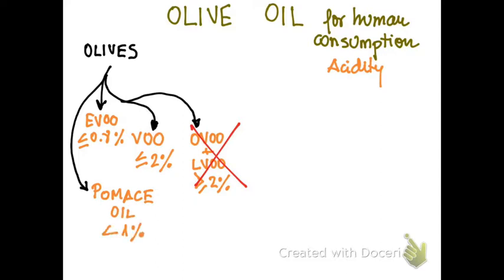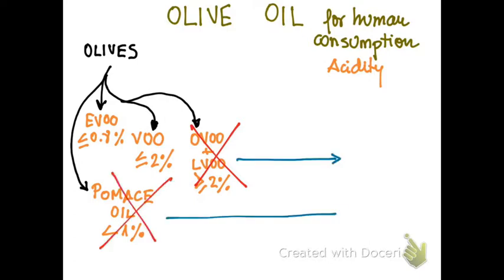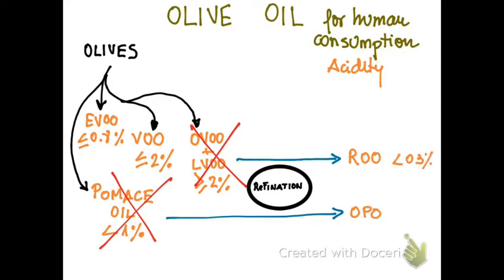Another product that we obtain is the pomace olive oil. In this case, it contains less than 1% of acidity, but for other reasons it's not possible for human consumption directly. In all three cases, these kinds of oil can undergo a refining process to obtain the refined olive oil and the olive pomace oil.